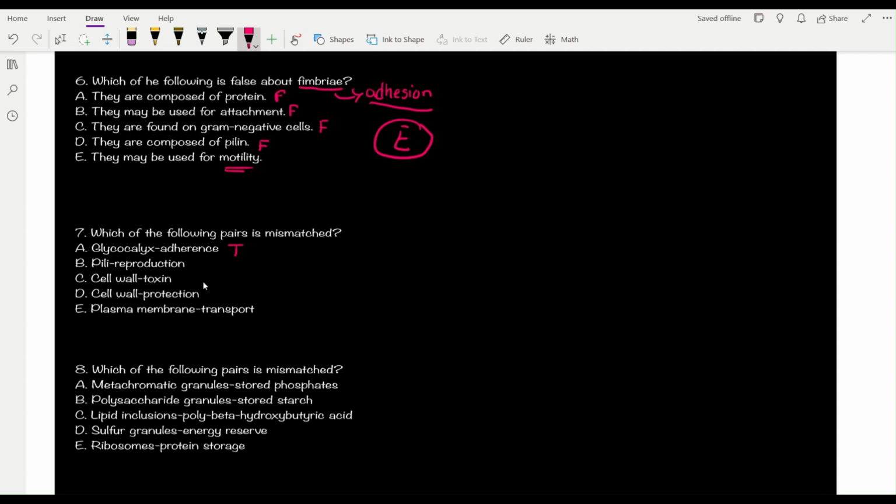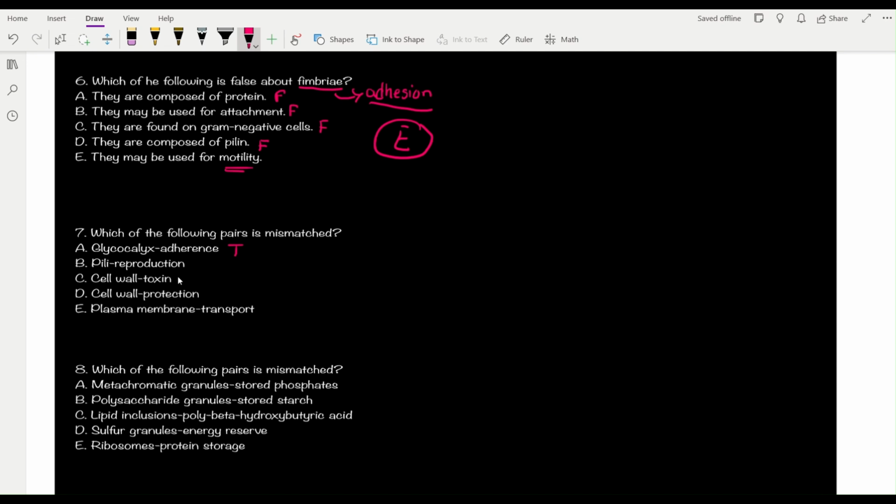D. Cell wall, protection. Well, the cell wall protects the bacterium. And E. Plasma membrane, transports. Well, there are transporter proteins within the plasma membrane that allow large molecules or smaller molecules to enter inside the cell from higher concentration to lower concentration.